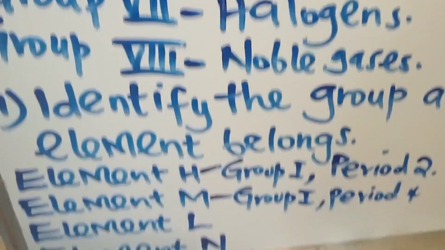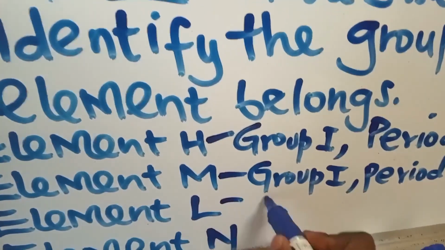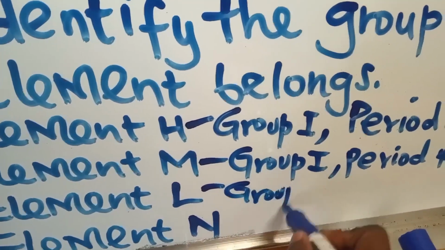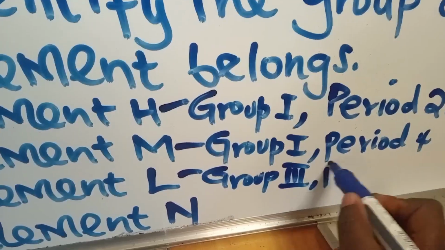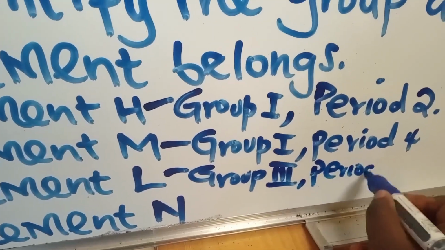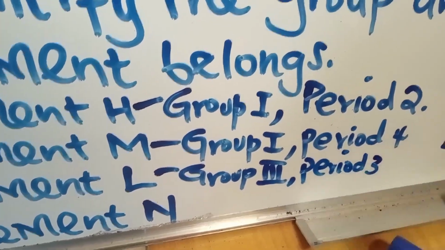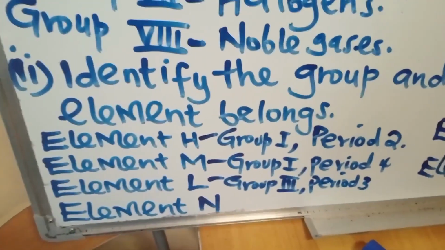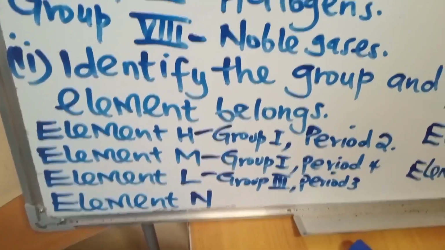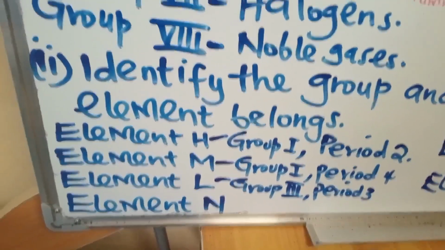So there is 3, 3. Group 3 and period 3. But remember, one is in the Roman form, the other one in the natural number form.